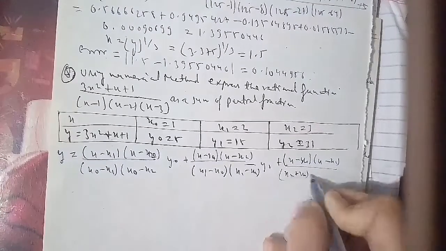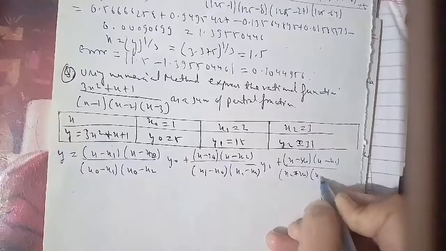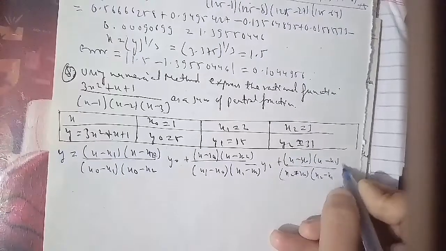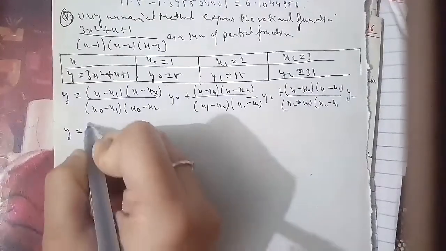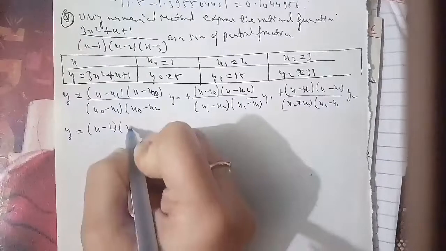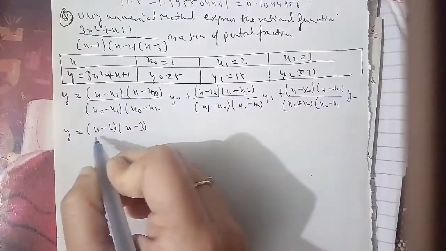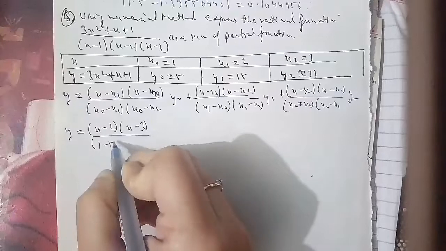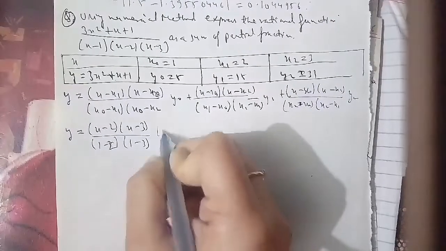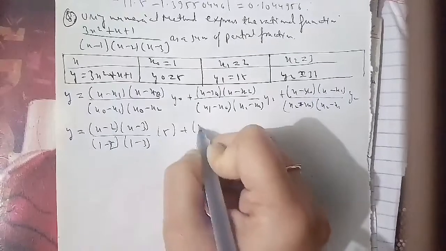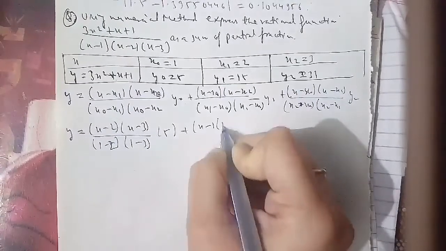Thus we obtain the numerator as 3x squared plus x plus 1 equals 5 by 2 (x minus 2)(x minus 3), minus 15 (x minus 1)(x minus 3), plus 31 by 2 (x minus 1)(x minus 2).